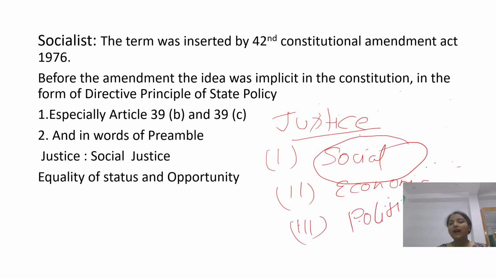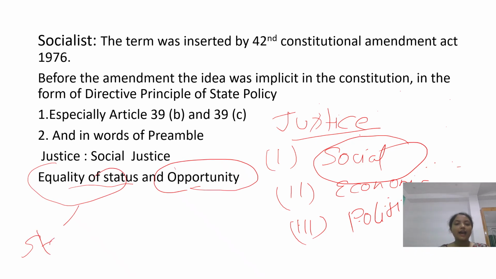So here we find the principle of socialism. The preamble is also talking about equality of status and of opportunity. So these all are socialist elements.